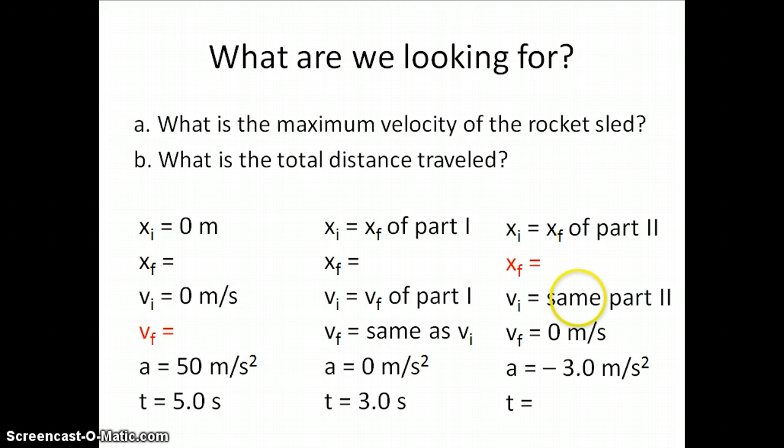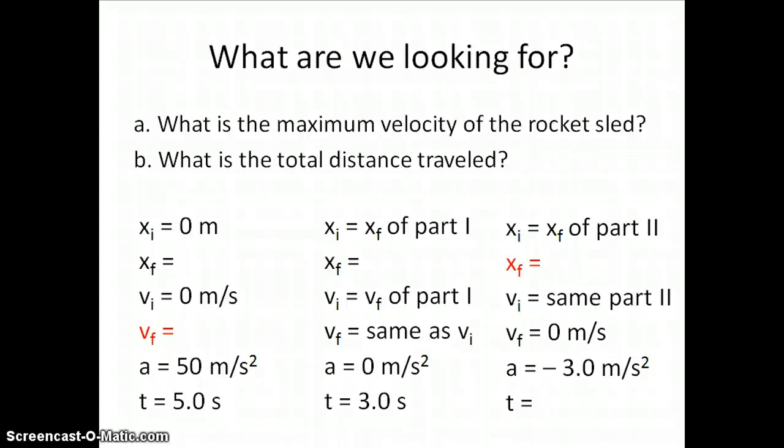And then in the third part, it actually decelerates, so that means its speed is going down. So we know that our maximum velocity is going to be this right here, or these 2 right here. And so part B says, what is the total distance traveled? So you know it's going to be at a final position in part 3. We started at 0, and it's one fluid motion in one direction, so the final position is going to be right here. So these are the 2 things that we want.